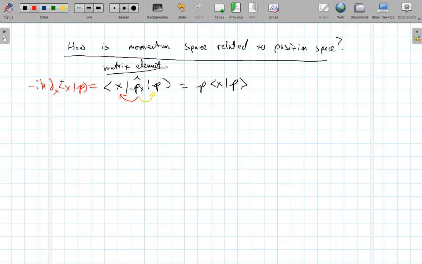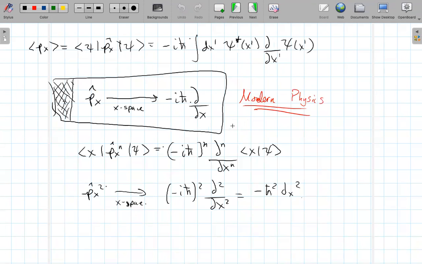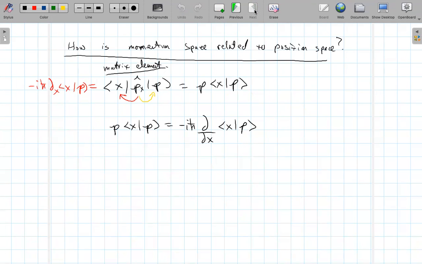Guys doing okay? So putting these two things together, what I get in this case is that the momentum times the inner product between the position and momentum must be equal to minus i h bar, partial derivative with respect to position, times the inner product between the position and momentum. But also remember that the inner product between two bases is what? This is also the transformation matrix to go from one to the other.